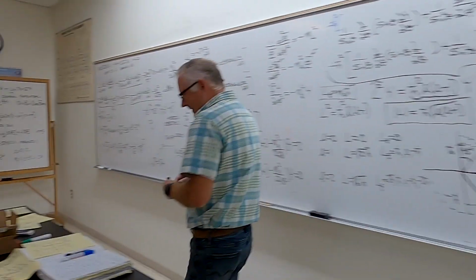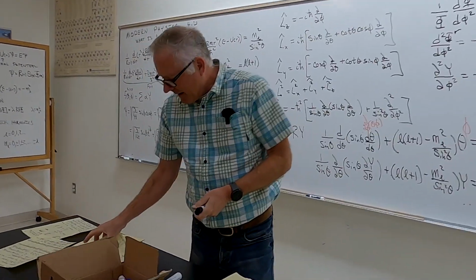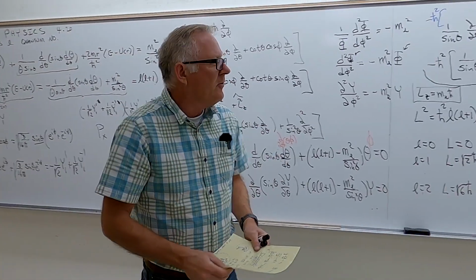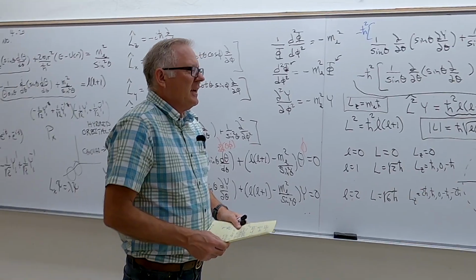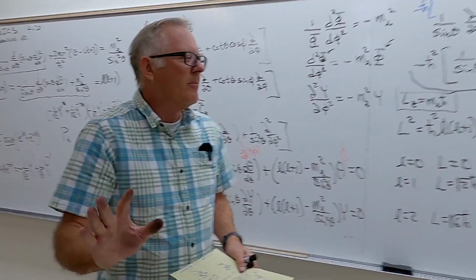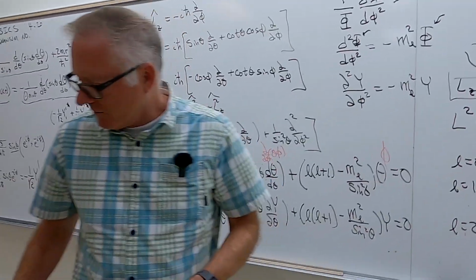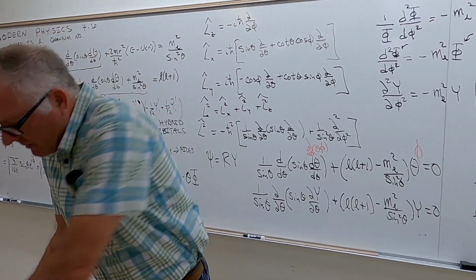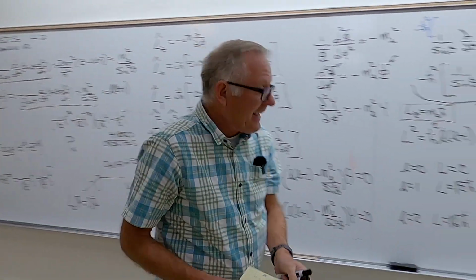Well, I did make that table. If you go onto Canvas into something called Spherical Harmonics Lab, you can see these tables. But let me just write in what I got for the table.